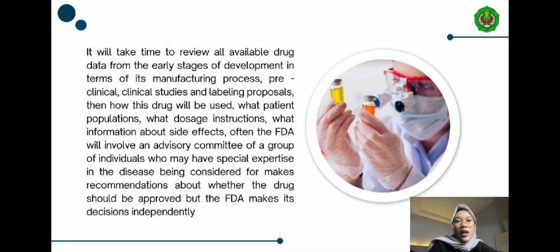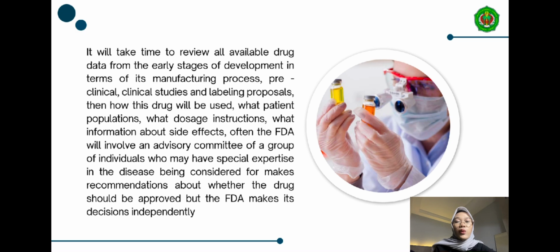The FDA will take time to review all available drug data from the early stage of development in terms of its manufacturing process, preclinical and clinical studies, and labeling proposals, then how this drug will be used, that patient population, what dosage, interaction, what information about side effects.